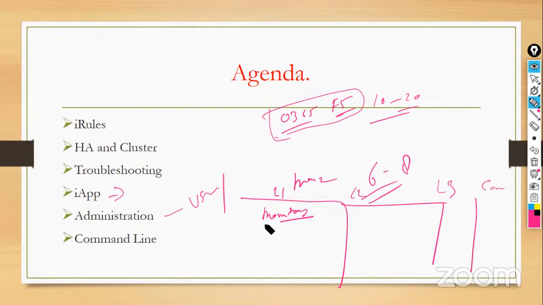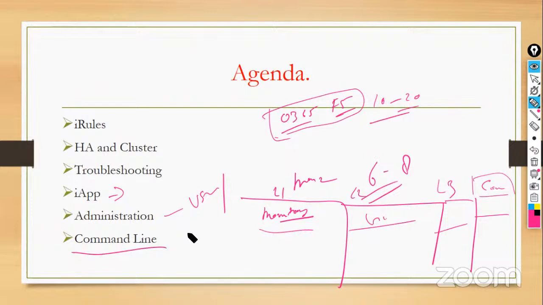So we need to create a read-only user so that they can only view but can't do any modification, right? If we have the L2 team, we can provide some access maybe on the GUI, but not on the CLI. For L3 we will provide everything. And for the certificate renewal team, we can provide access so that they can only renew the certificate with their user privilege, right? So we can configure these types of users.